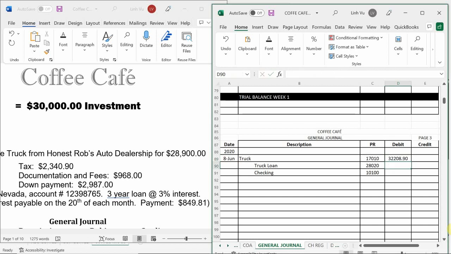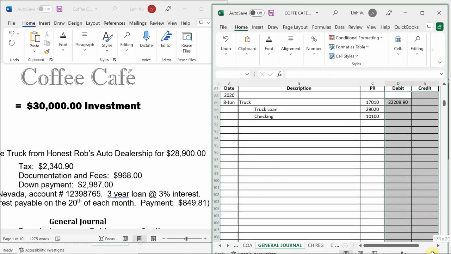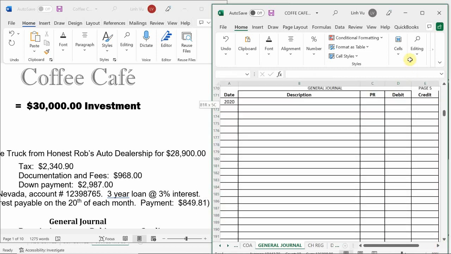My truck is worth $32,208.90. Okay, so then, how much is my truck loan for?